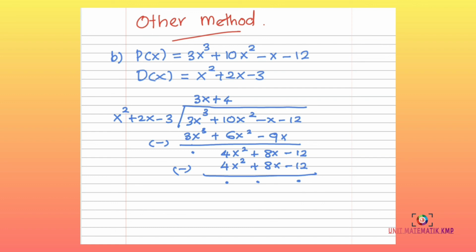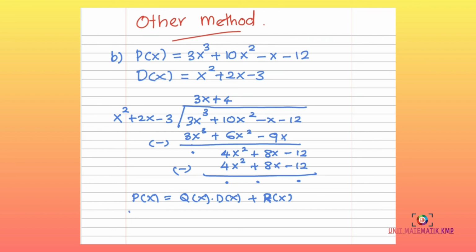As usual, after the long division procedure, we need to rewrite the equation into the general form. The general form should be p(x) is equal to q(x) times d(x) plus r(x). So just substitute what is p(x).